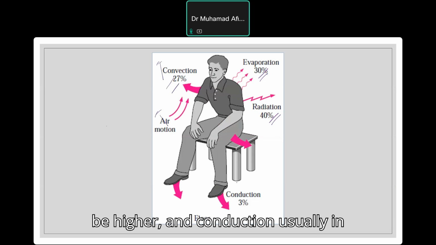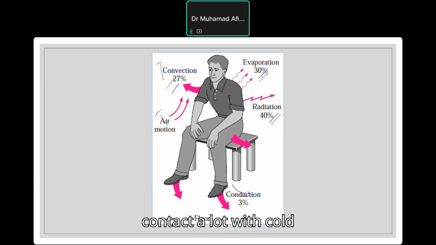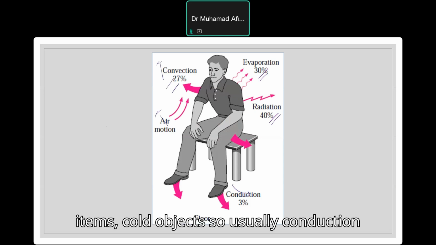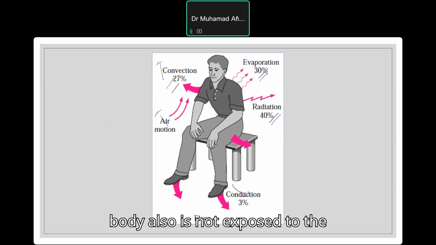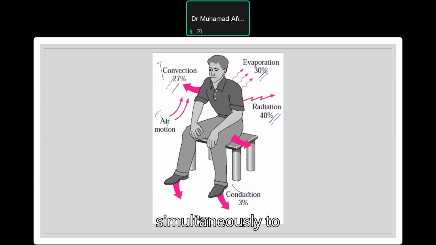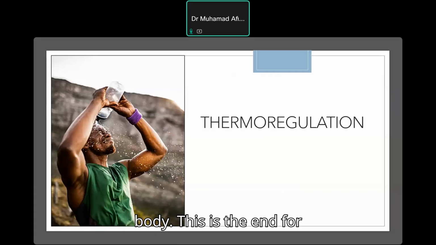Conduction, in normal settings, is usually very low because we are not in contact a lot with cold objects, particularly if our body is not exposed to the air. So in normal settings, all these four work simultaneously to dissipate the heat generated by the body.